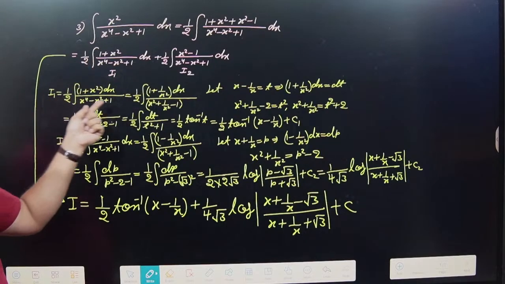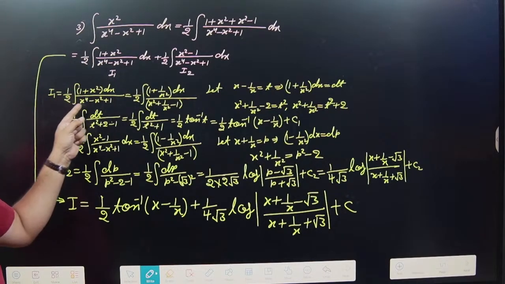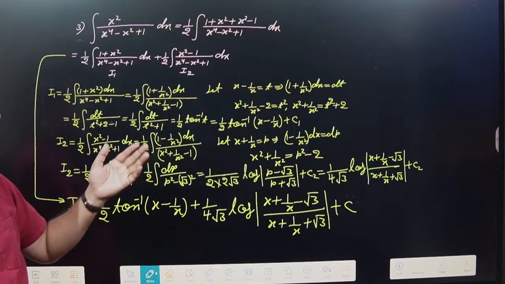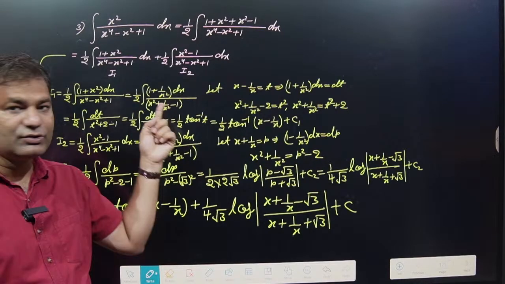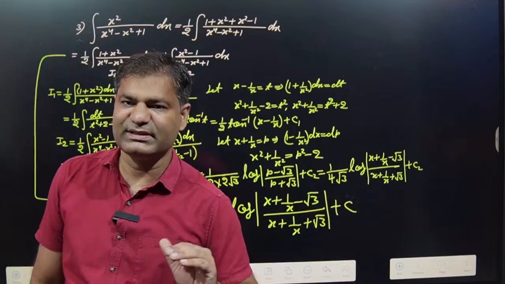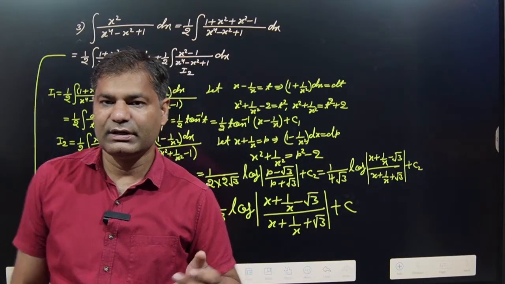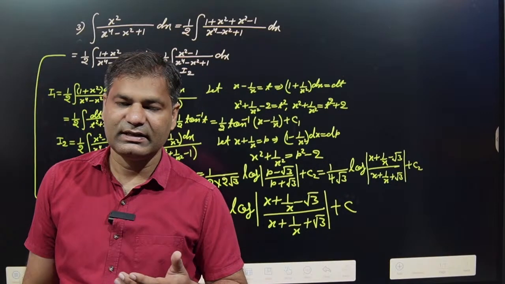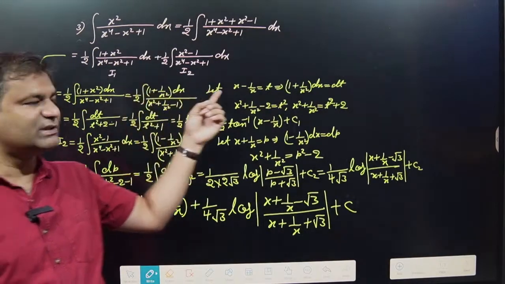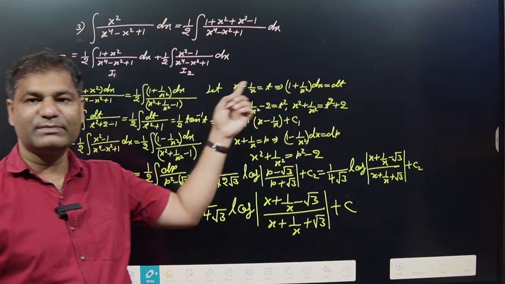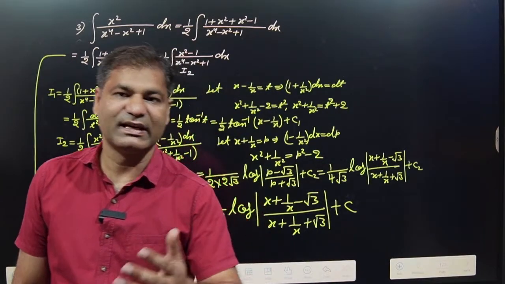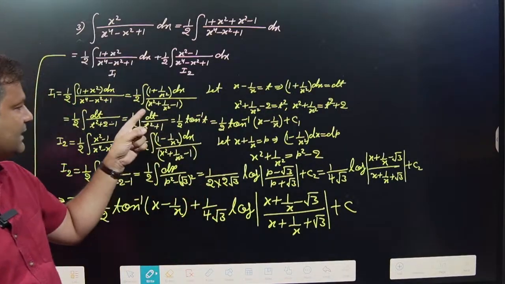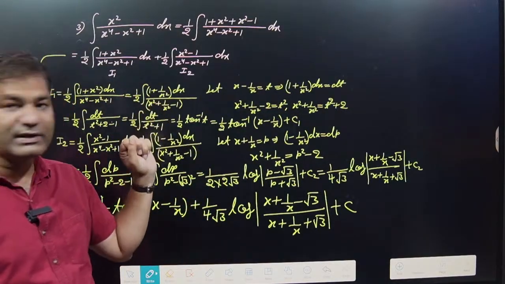I1 is written like this. If x square is taken common, then look, the numerator is 1 plus 1 upon x square dx. This is the integration of x minus 1 upon x, which is t. If this is differentiated, we get 1 plus 1 upon x square dx equal to dt. In the denominator, x square plus 1 upon x square is given.